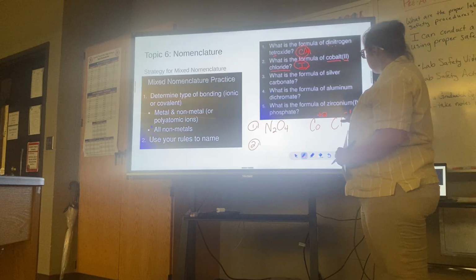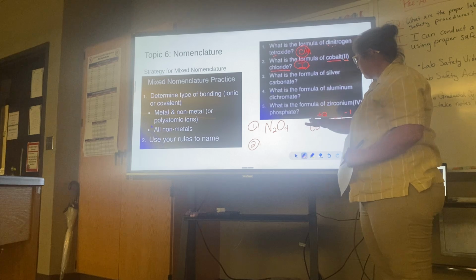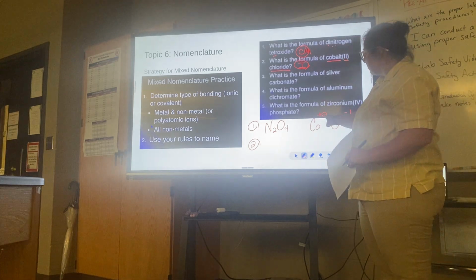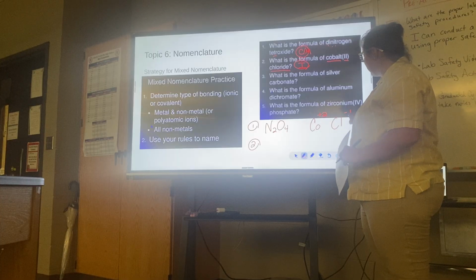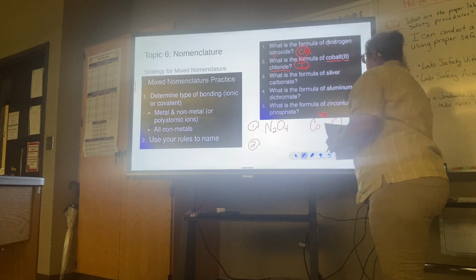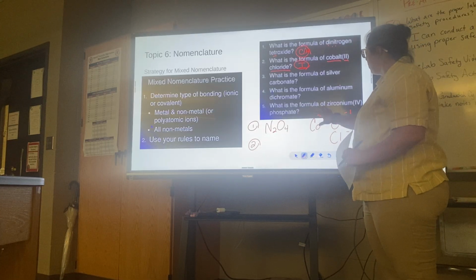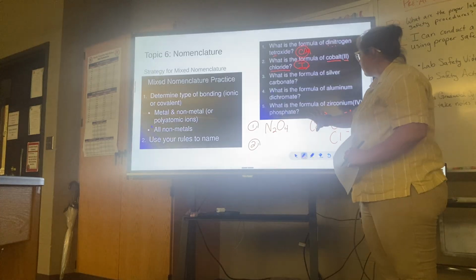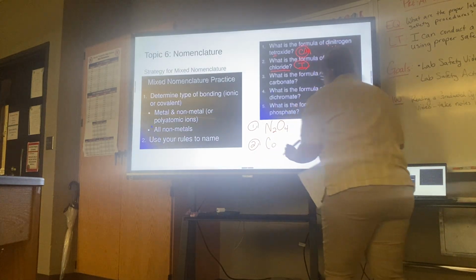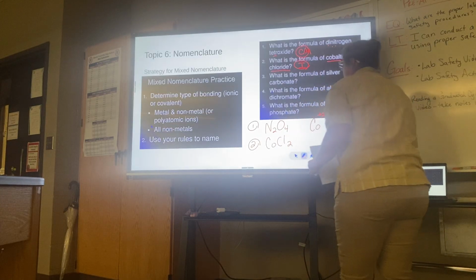So I'm asking myself, how many chlorines do I need to have to cancel out with cobalt, or vice versa? Because this is a +2 charge and this is only a -1, I need 2 chlorines to be able to balance that out. So where I write my subscripts down is I write how many cobalts I see, how many chlorides I see, CoCl2.